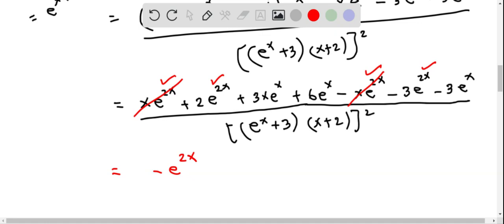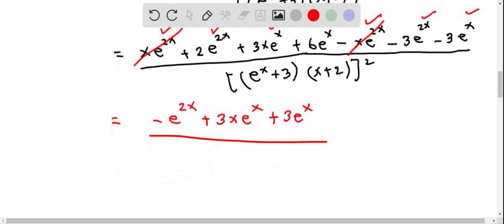Then we have 3x e power x. We then have 6 e power x minus 3 e power x, so this is positive 3 e power x. And this should be all over e power x plus 3 times x plus 2 quantity squared.